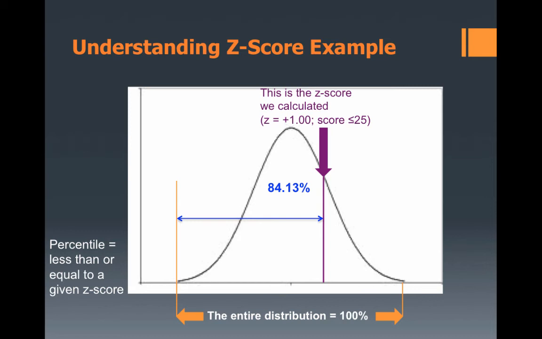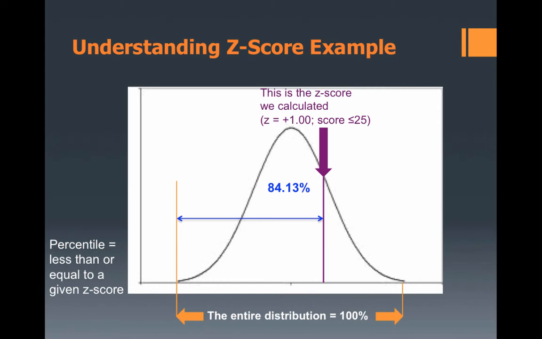This is the percentage that we got from looking at the z-score table that corresponded to a z-score of 1, finding that probability of 0.8413, and converting that probability to a percentage. Again, we interpret this as 84.13% of all scores are less than or equal to a score of 25.